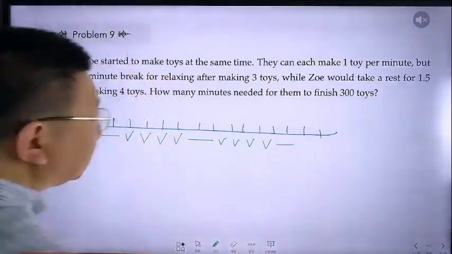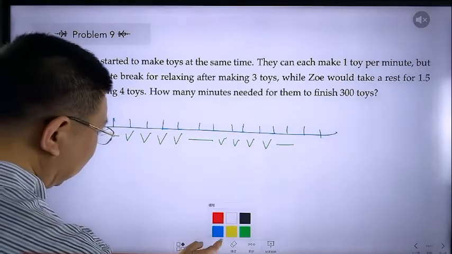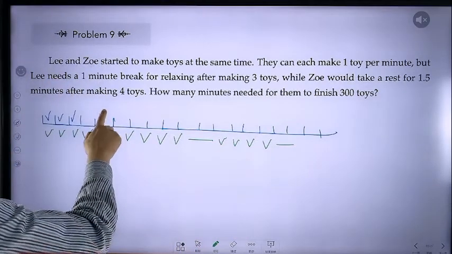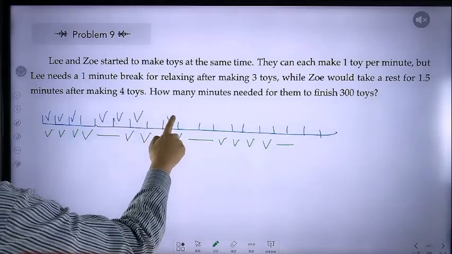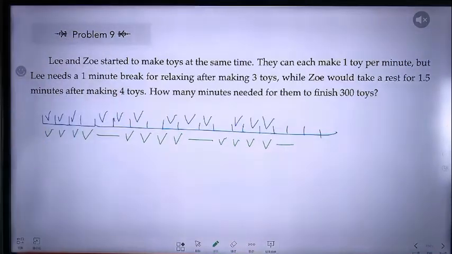And then rest. It seems that we still don't have enough space, so I have to continue this pattern. And then for this, I need to do 1, 2, 3, rest, 1, 2, 3, rest, 1, 2, 3, rest, and so on. Okay, so we will see when this pattern can be repeated.